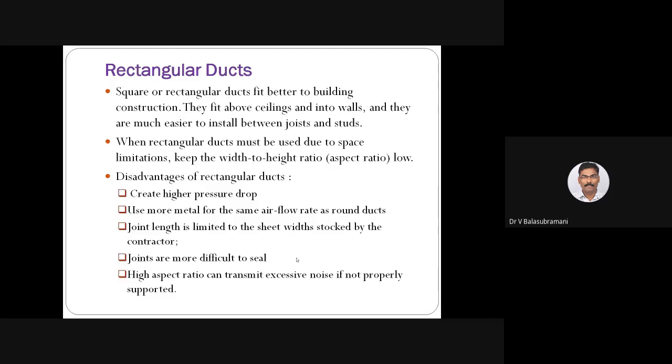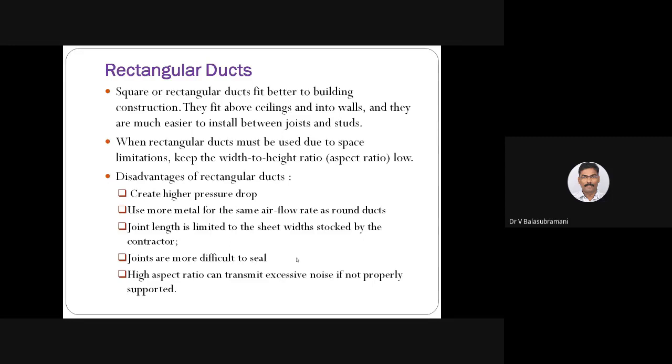Whatever it may be, it consumes more metal and other things, but the fitting is very easy. For that purpose only, rectangular ducts are preferred over circular ducts nowadays. They fit above the ceilings or into the walls, and they are much easier to install between joists and studs, or any critical area where we can easily insert them.